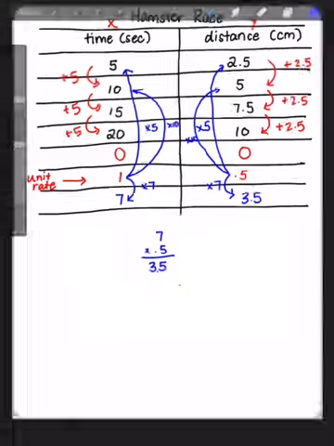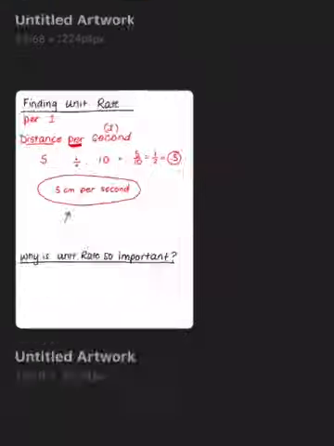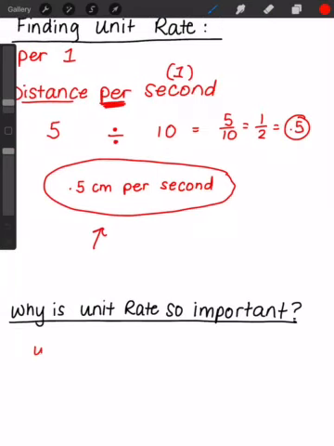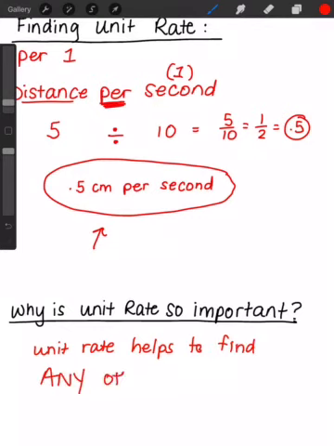Okay, so when you get that question, why is unit rate so important? Unit rate helps us to find any other value by using multiplication.